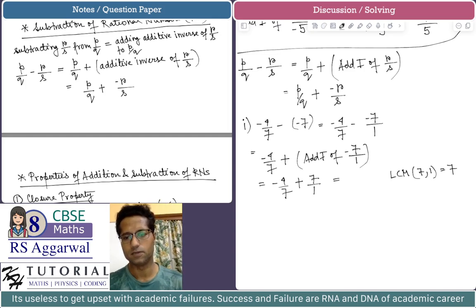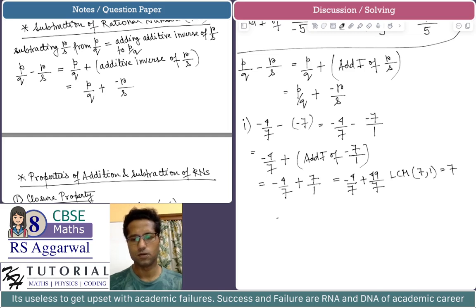Minus 4 by 7 remains the same, and 7 by 1 becomes 49 by 7. So this is equal to minus 4 plus 49 divided by 7, which is 45 by 7.